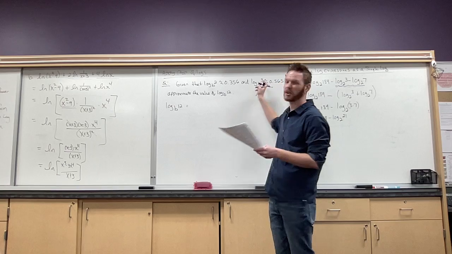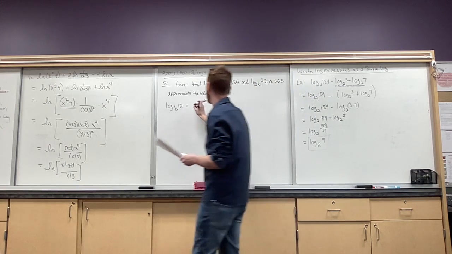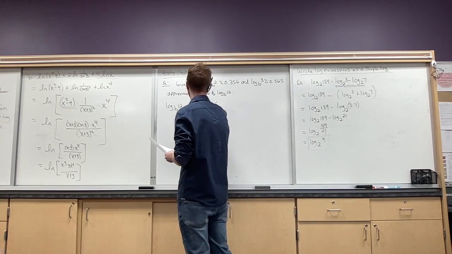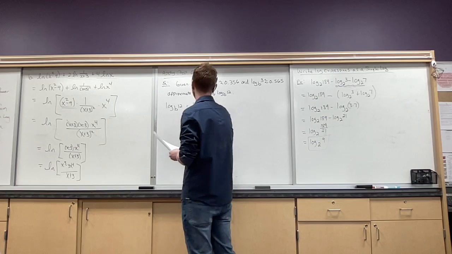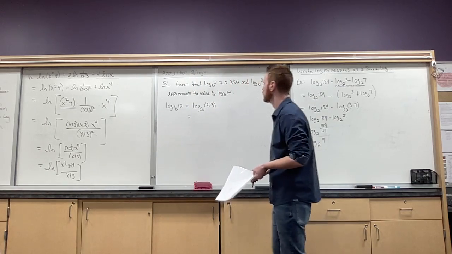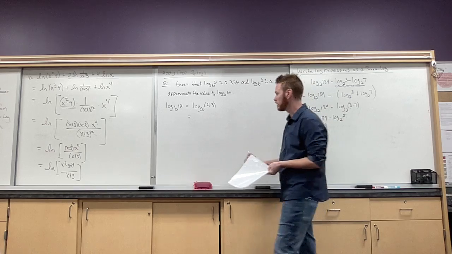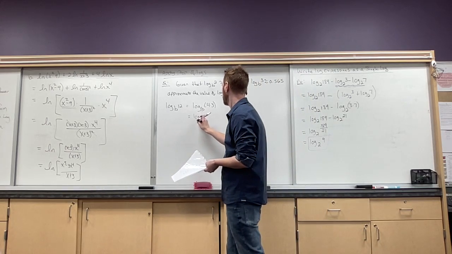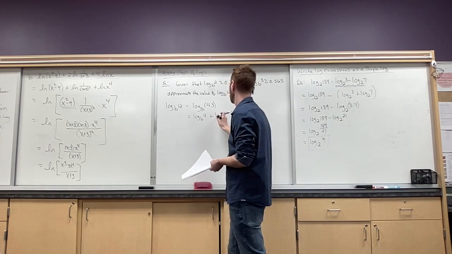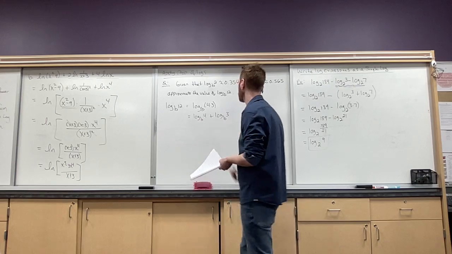I'm kind of more inclined to do 4 and 3. So this is equal to log base b of 4 times 3. Now that we're multiplying, we can use the addition property, right? So this is the same thing as log b of 4, plus log b of 3.